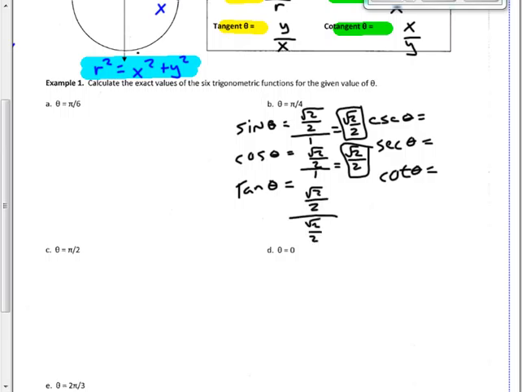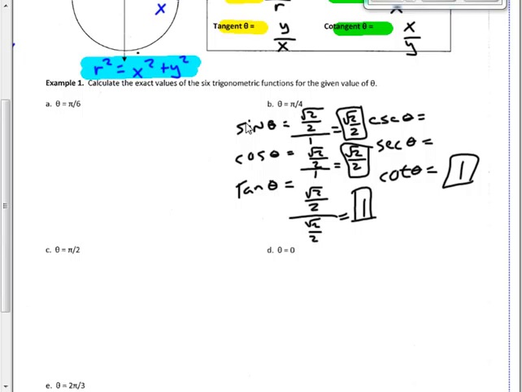Anything divided by itself, and you could go through and do all the extra work for it, but anything divided by itself is going to give you 1. So a tangent of 1 at 45 degrees. That's pretty nice for cotangent because when I flip over 1, I still get 1. No real work necessarily goes into that. Good thinking goes into it.